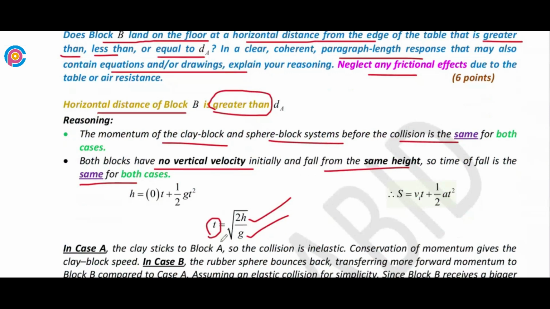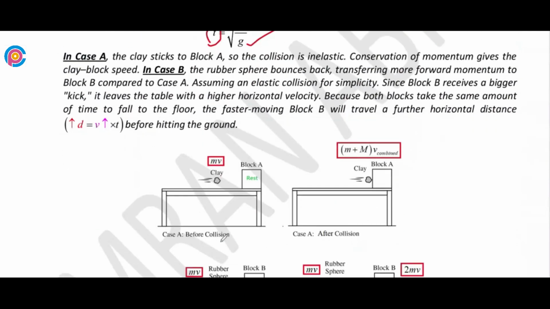Now, let's say case A: the clay sticks to block A, so the collision is inelastic. Conservation of momentum gives the clay-block speed. Initially the clay has momentum, but the block has zero momentum. After that, both move as the combined mass.